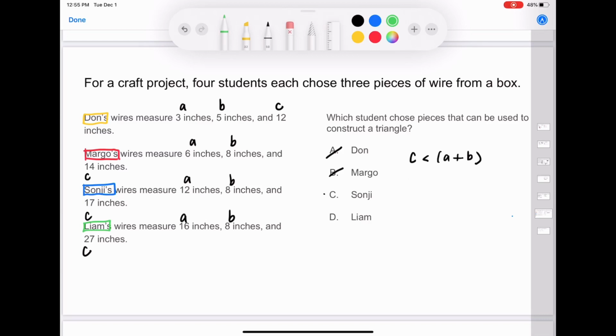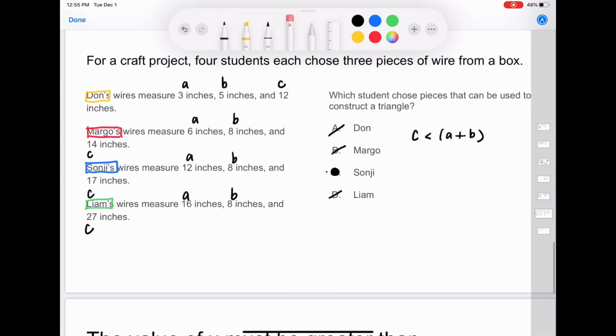So Liam has 27, 16 plus 8. 16 plus 8 gives us 24. Is 24 greater than 27? No. So therefore, Sonji would be the student who would be able to construct a triangle out of the 3 pieces of wire that she selected. Let's move on.